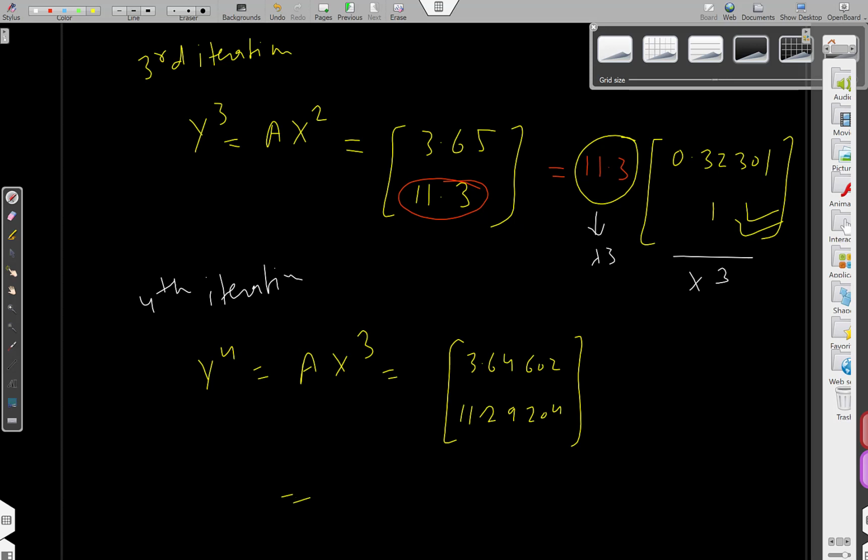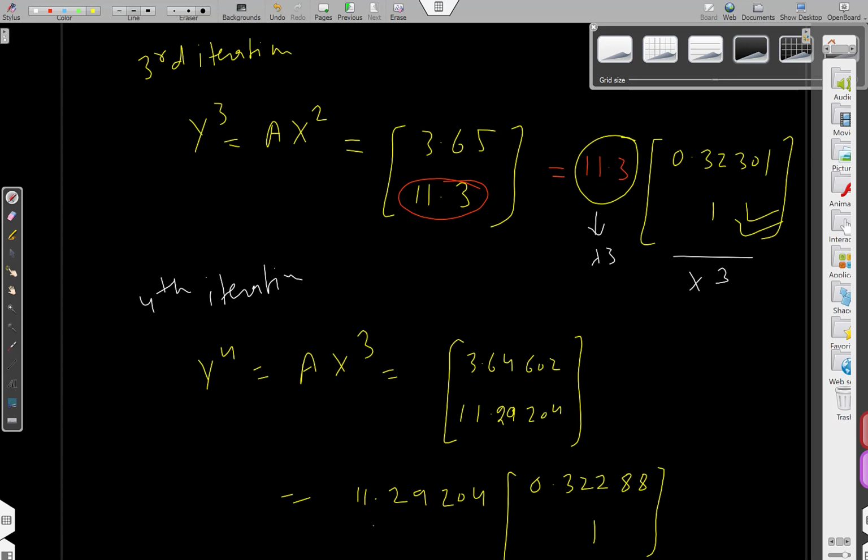We will divide it by the maximum value, that is 11.29. The value is coming out to be 0.32288.